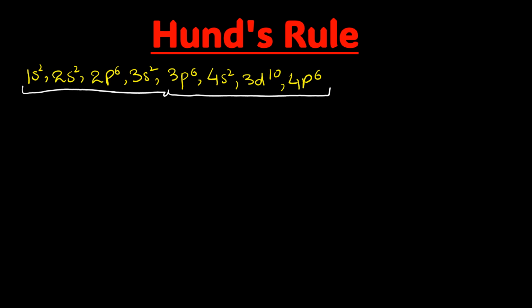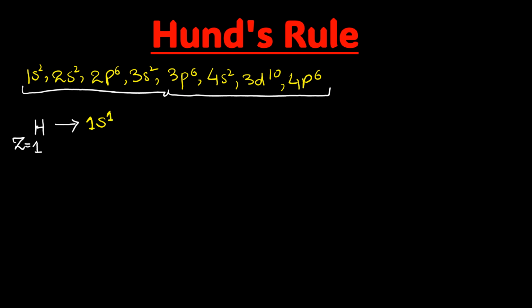The first element of the periodic table is hydrogen. The atomic number of hydrogen is 1. Since hydrogen has one electron, it will fill the 1s1 orbital.